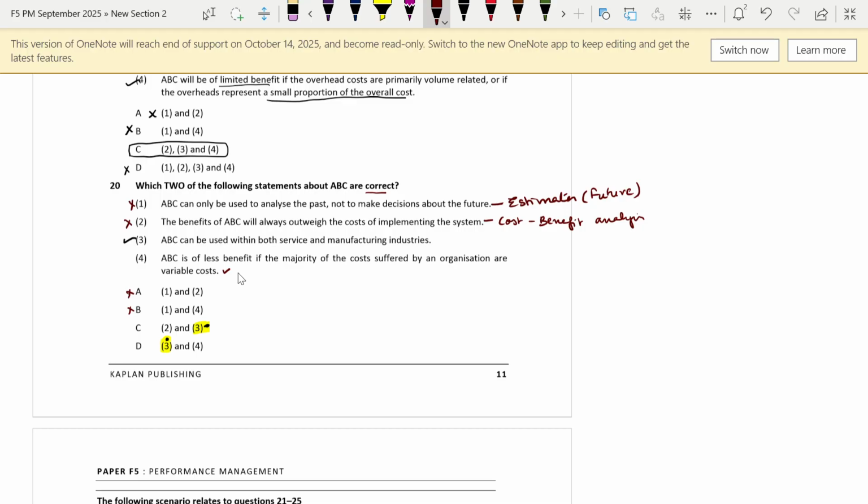ABC is used where overhead cost is more, where there are more divisions and more drivers. Then ABC will be more helpful for us. Is it right? Yes. Answer is D.